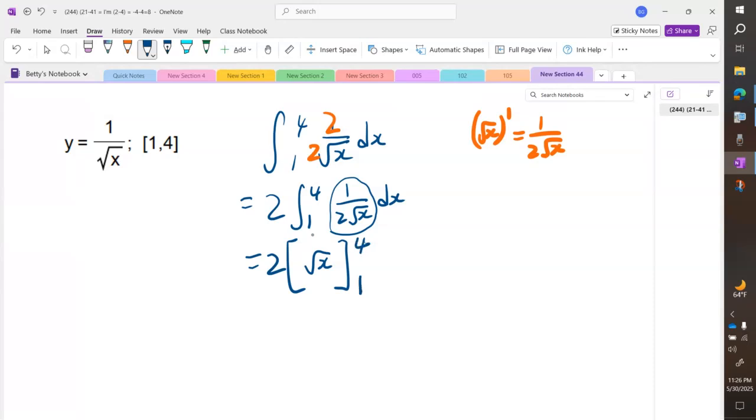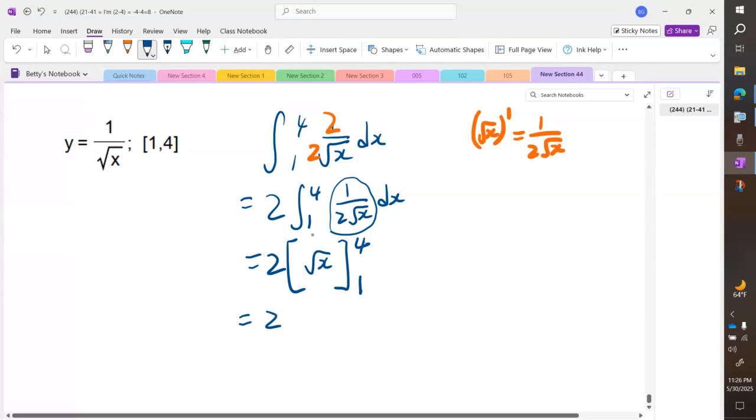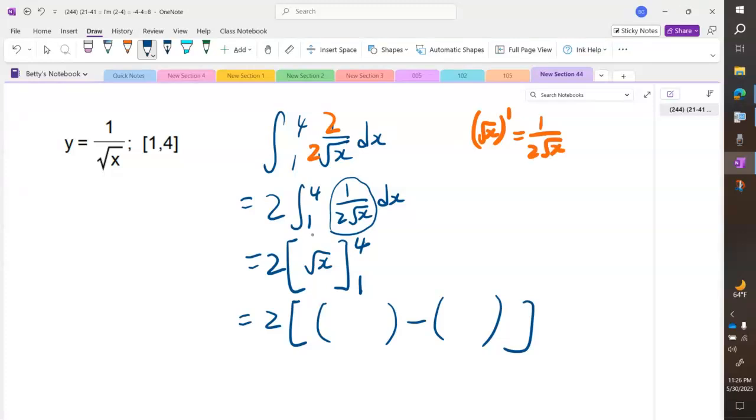This is my notation. I don't know if you can do this. And then take the bracket. And in the bracket, you must have 2 parentheses, 1 parenthesis minus the second parenthesis. In the first parenthesis, you're going to plug in 4 here, so root 4. In the second parenthesis, you're going to plug in 1, root 1.